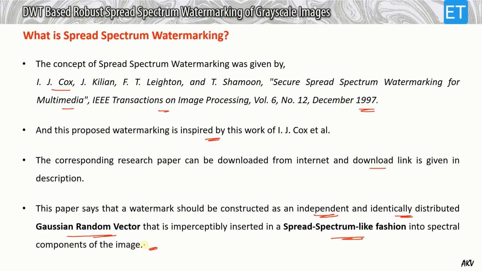Instead of adding the bits of some watermark image, he suggests that we add Gaussian noise into the spectral components of the image, similar to inserting Gaussian noise in spread spectrum communication. That's why it is known as spread spectrum watermarking. It is done to achieve more robustness. For more detail, you can go through his paper, which describes everything.